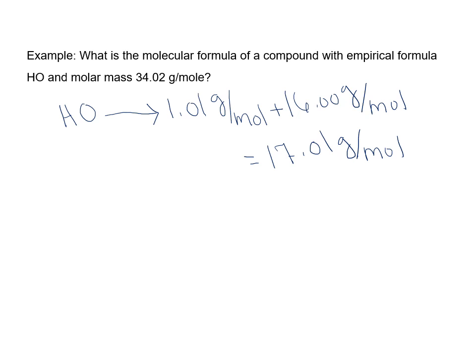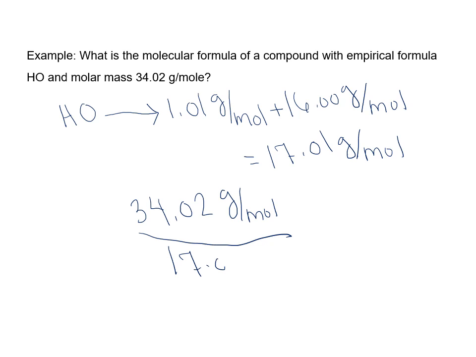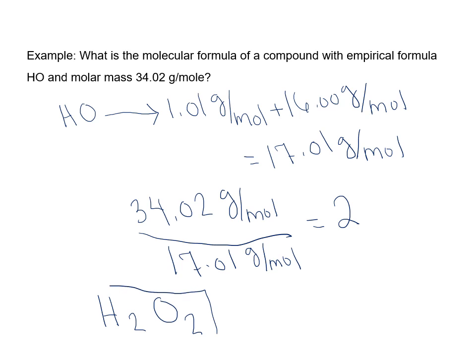And then remember we said that the molecular formula molar mass, which is 34.02 grams per mole, divided by the empirical formula molar mass, gives us the value n, which in this case will equal 2, which means that if I multiply the empirical formula by 2, that would give me the molecular formula.